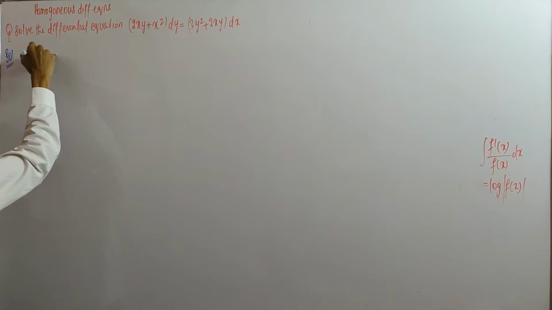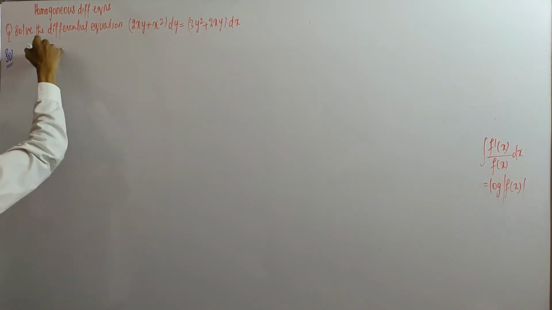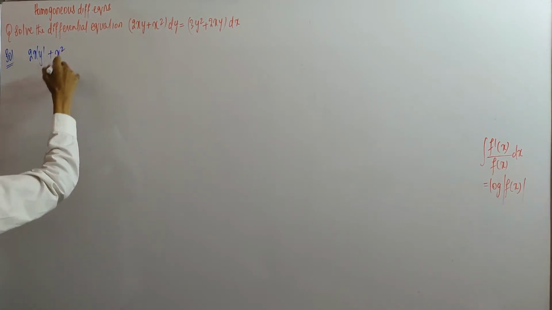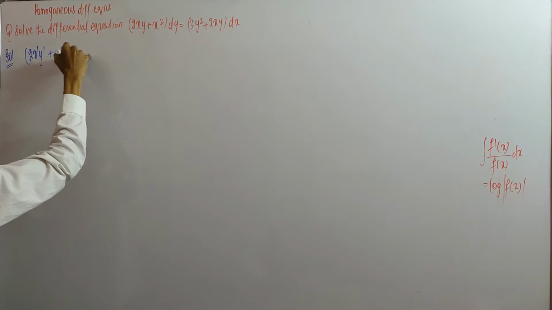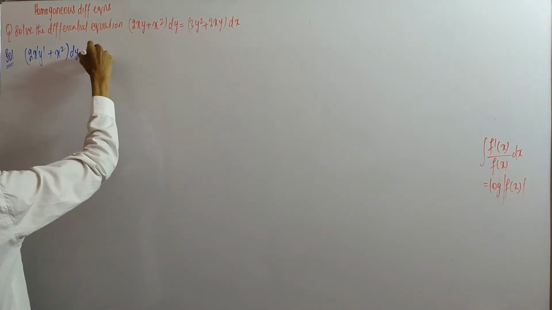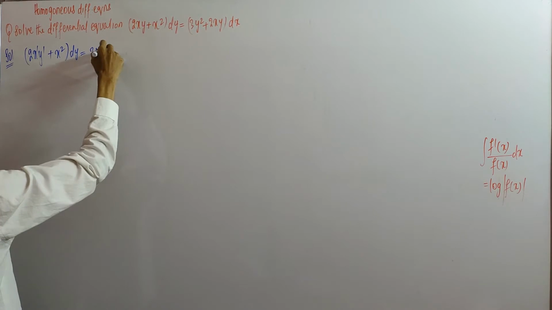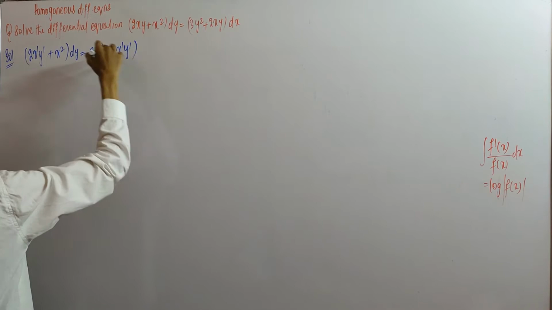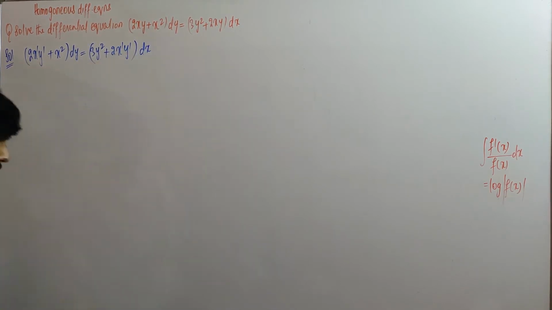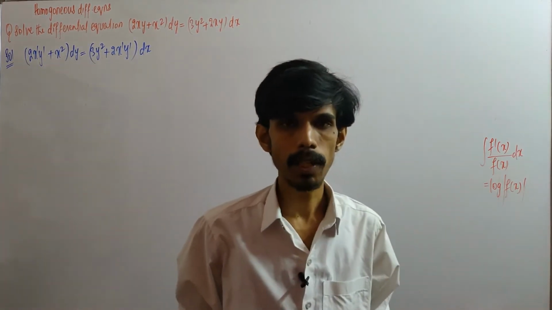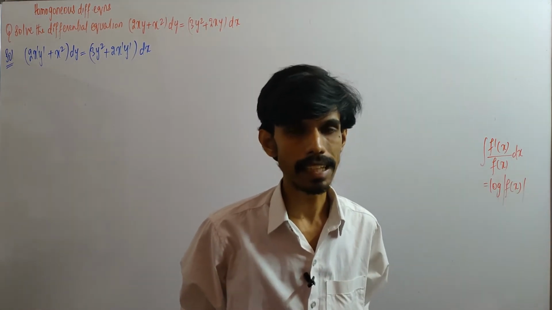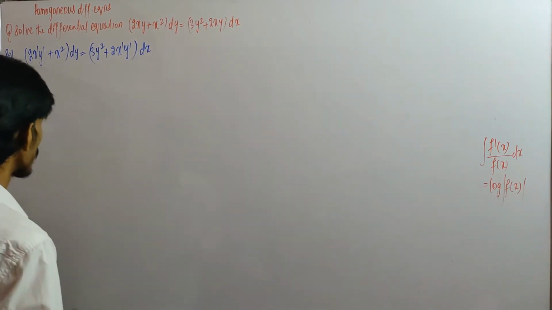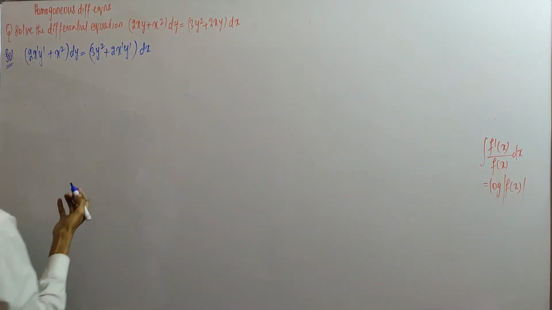We have 2xy, here we have x power 1, y power 1, that is degree 2, plus x square, degree 2, into dy is equal to 3y square, degree 2, plus 2 into x power 1, y power 1, degree 2. Whenever we see each term of the equation has the same degree, then we apply the homogeneous differential equation concept, that is substituting y equal to vx.